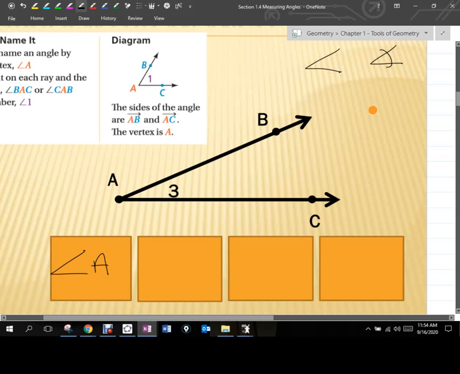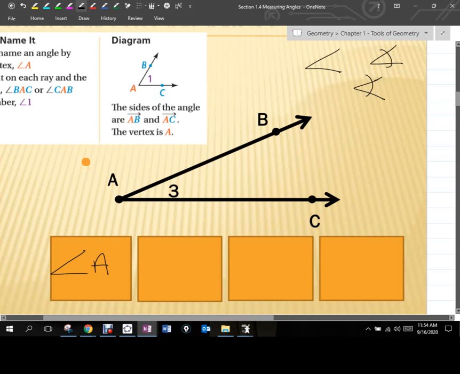Sometimes you will see that little symbol being used like that. Sometimes people draw it this way. Sometimes it looks more like a greater than sign, and then sometimes they put the little arc in there as well. But those are kind of the three general ways that you're going to see them describe an angle out front. So that's one way. Okay.